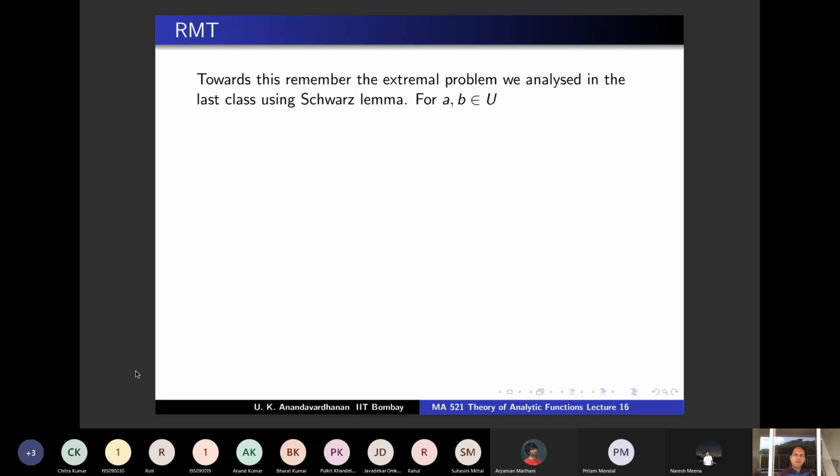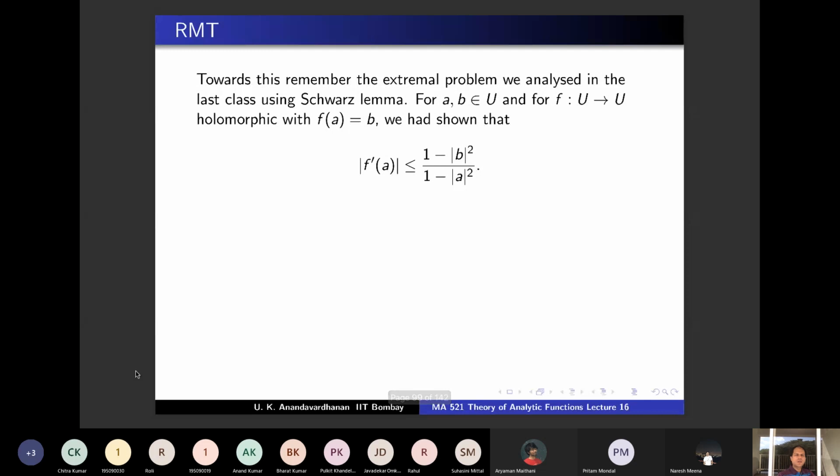So for a and b in U and for f from U to U holomorphic with f of a equal to b, we had shown that the modulus of f prime a is less than or equal to 1 minus mod b square by 1 minus mod a square.